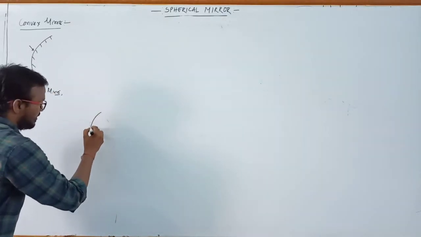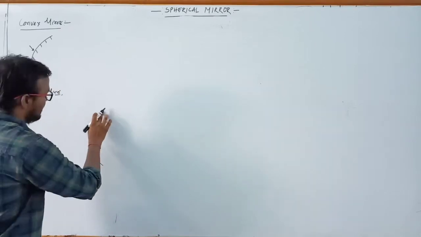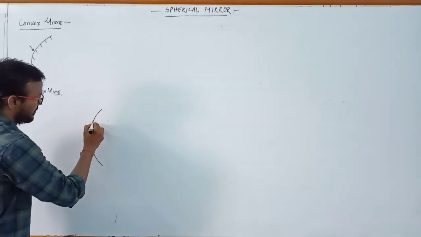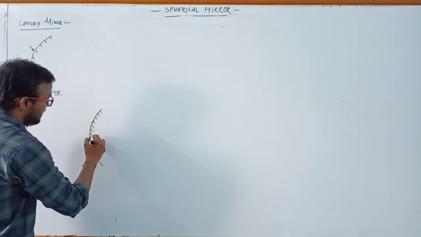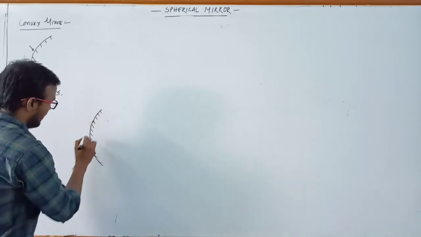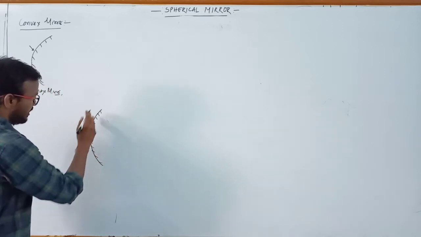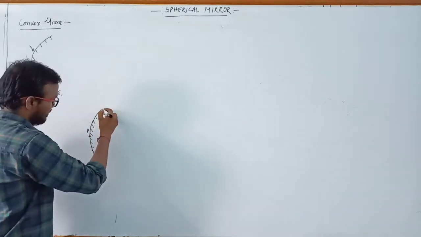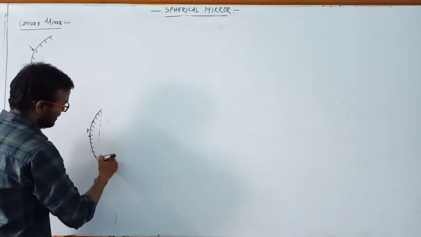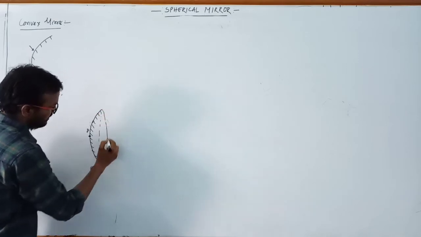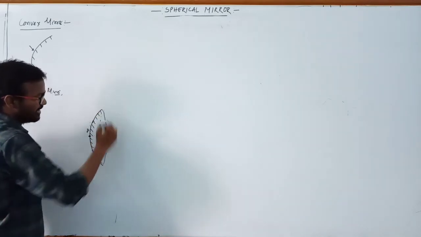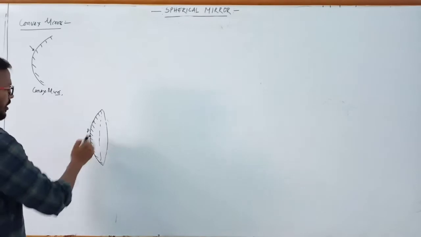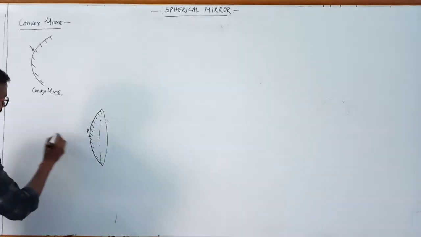Suppose we have a convex mirror here like this, and the inner surface is silvered, and this point is the pole. This is the middle point of this curvature, and this total area is known as the aperture of this convex mirror.